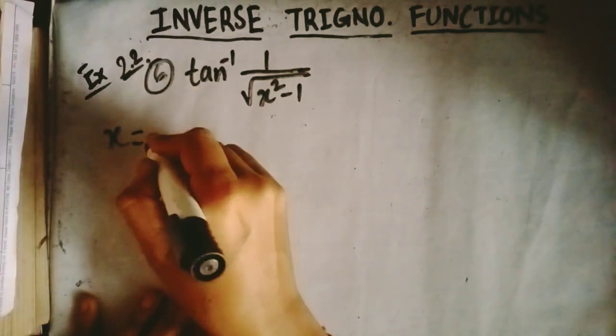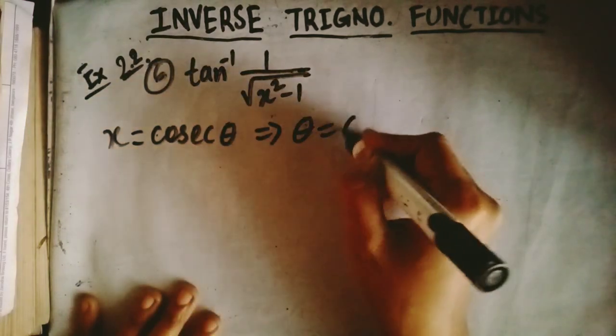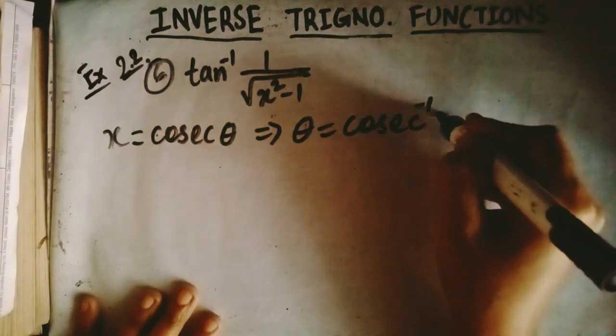So substituting x equal to cosec theta, our theta is cosec inverse of x.